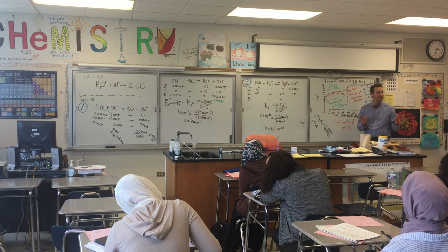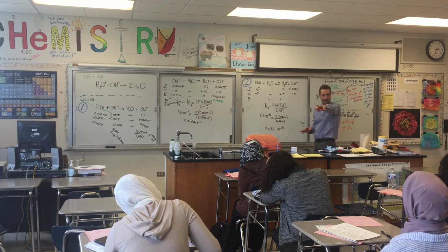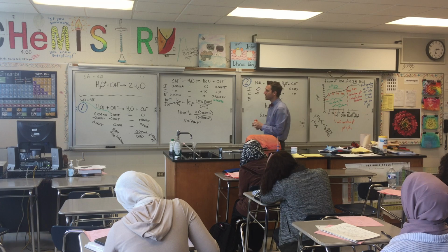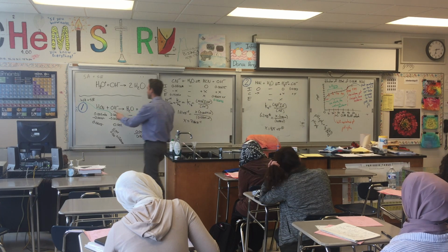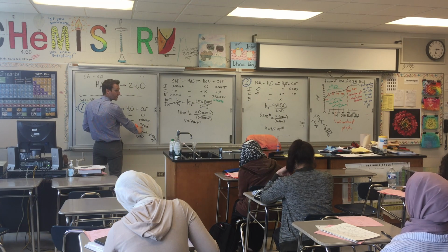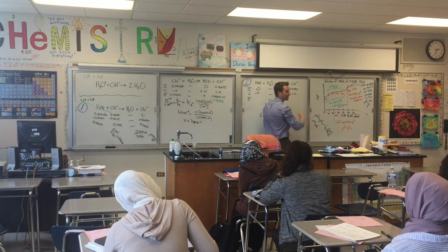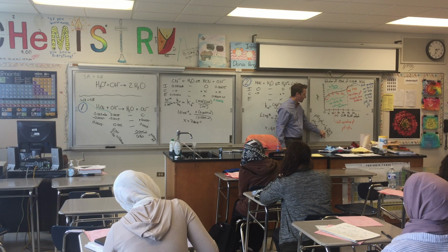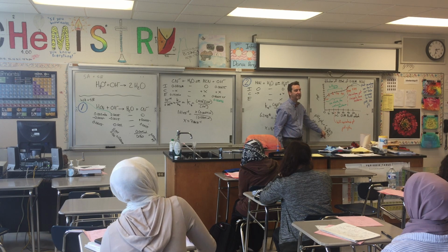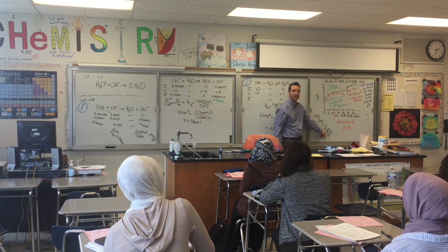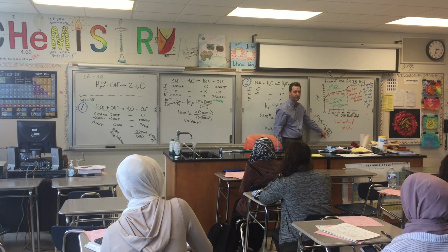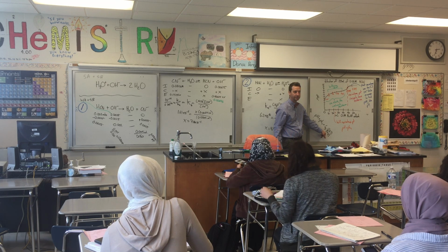For the amounts that you guys did, 20, 30, 40, look at your concentrations of HCN and CN minus that you used. Look at what you actually plugged into your ice table here. Divide those. Divide your concentration of CN minus by your concentration of HCN. Do it now.